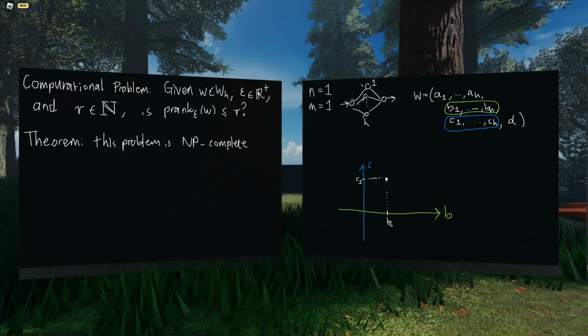So, for example, this would represent tanh of B1 X plus C1, a unit being represented as a point in the plane. And I get a point cloud if I do all of the units, all H of them.